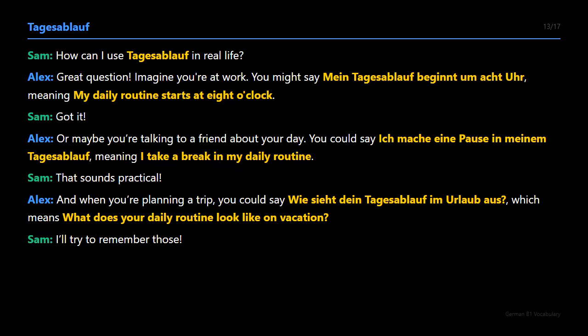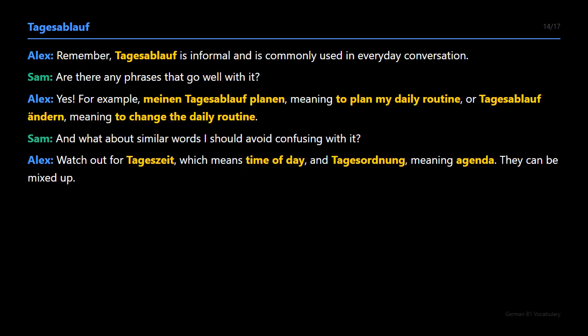I'll try to remember those. Remember, Tagesablauf is informal and is commonly used in everyday conversation. Are there any phrases that go well with it? Yes. For example, Meinen Tagesablauf planen, meaning to plan my daily routine, and Tagesablauf ändern, meaning to change the daily routine.